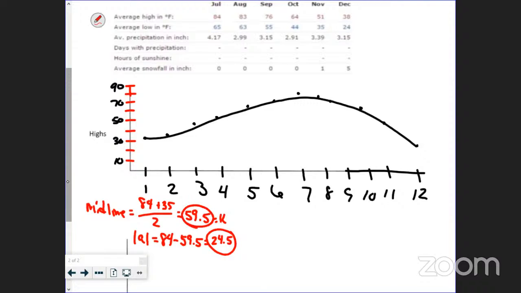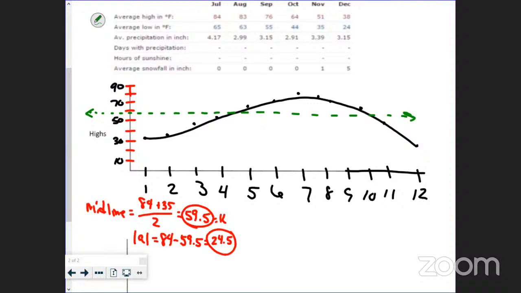All right, now we have to think about how we're going to do this. Okay? So the midline we said was at 59.5. So here's the midline right here. Which graph starts on the midline? Which graph of our sine and cosine curves, which one would start on a midline?